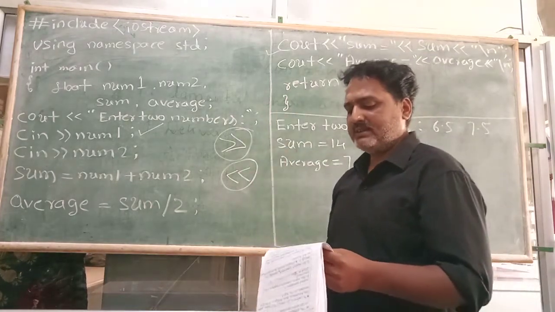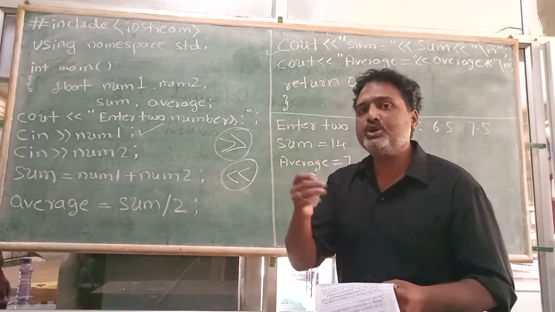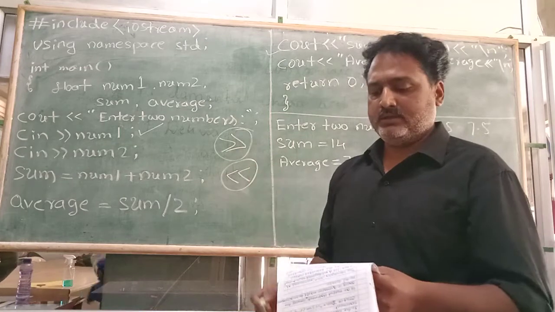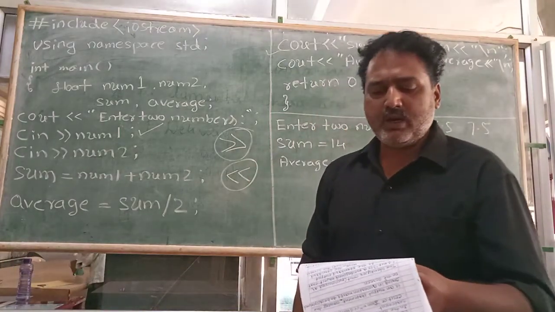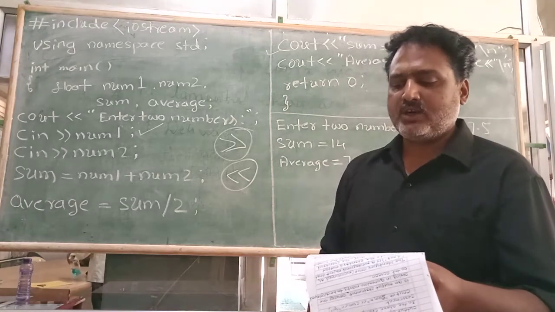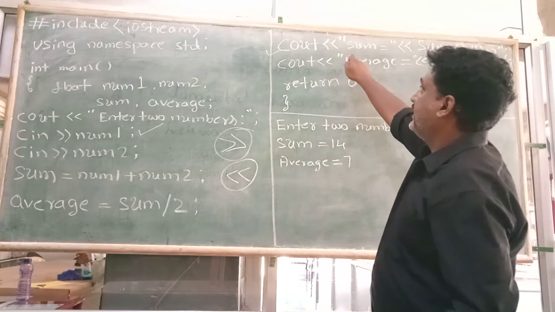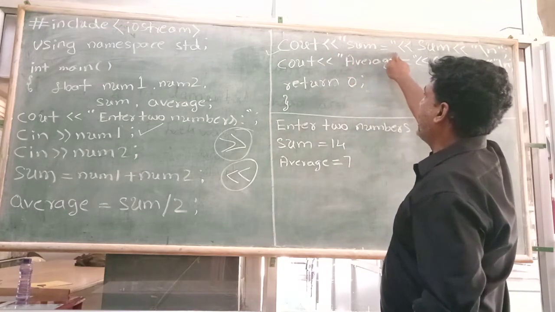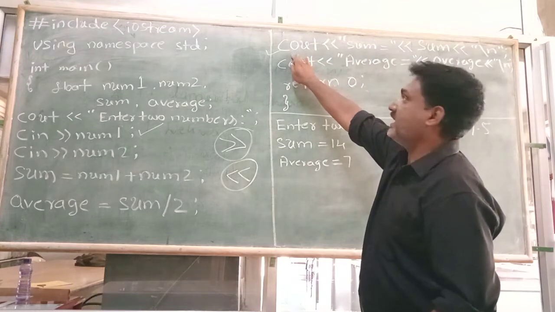It is also called the put-to operator. It inserts the contents of the variable on its right to the object on its left. See here, the object is on its left side, cout.